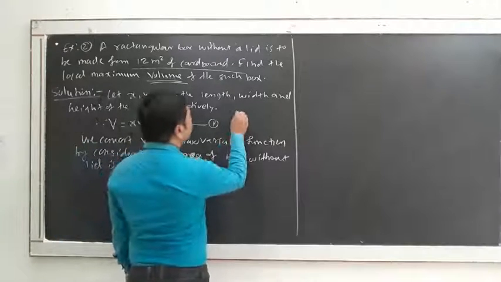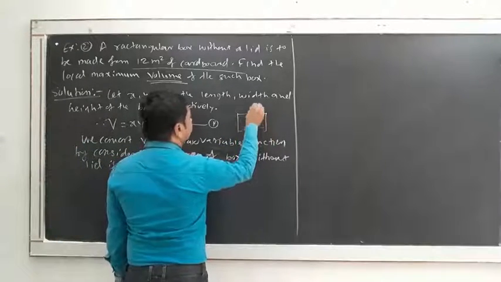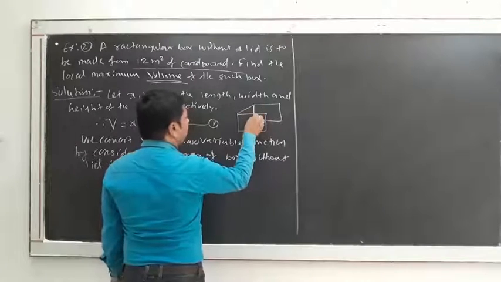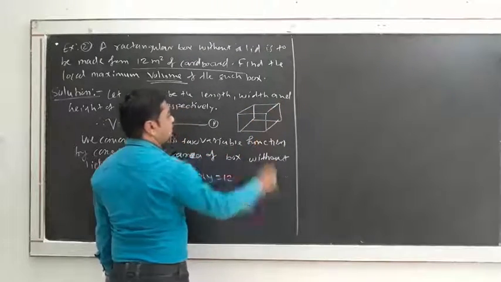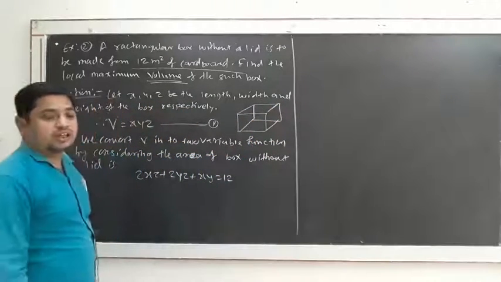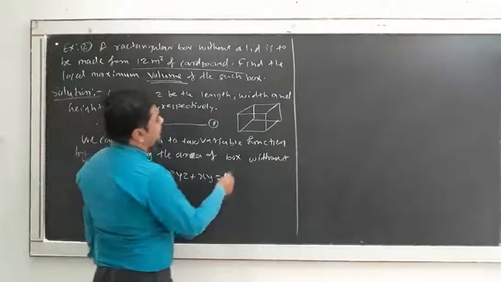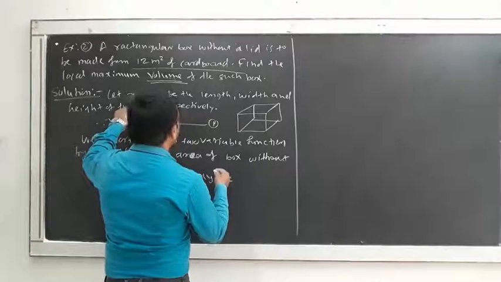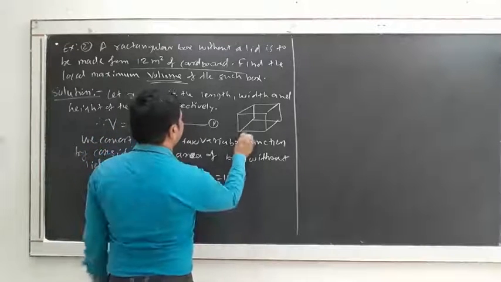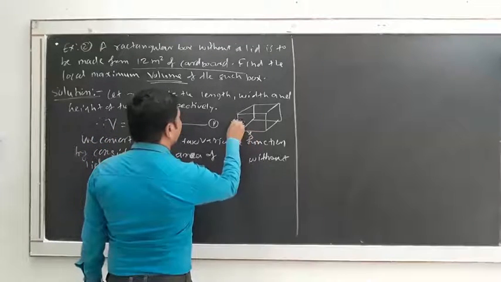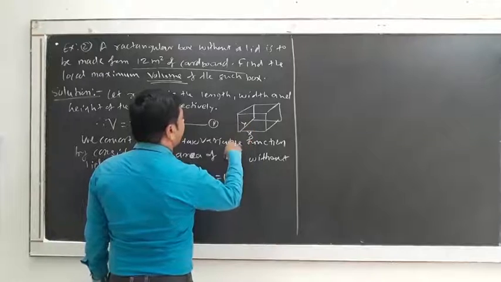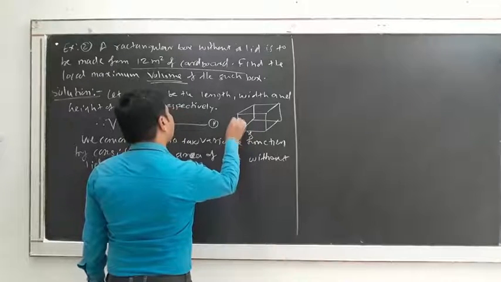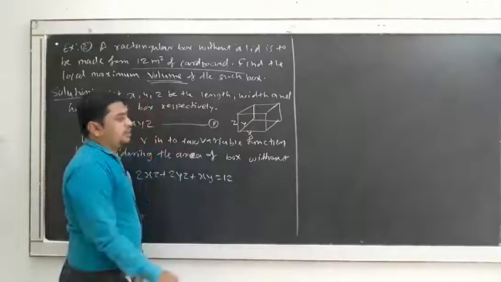So you can draw a box like this, rectangular box. Suppose this is your rectangular box, you can draw like this. And suppose you can take here LBH, x is a length, y is a breadth, so it is our x, you can take here y, and it is our z.